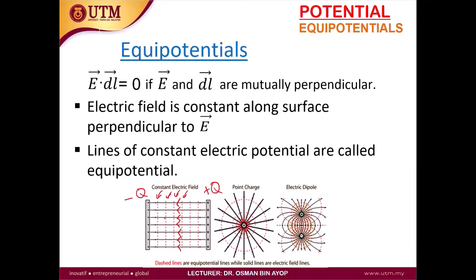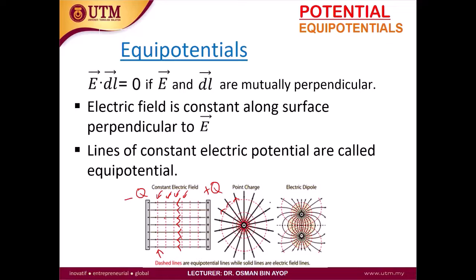The electric field along the same line, or the same equipotential, will have the same magnitude and also the same potential value. Let's say we have a point charge at the middle and we have the field going out.